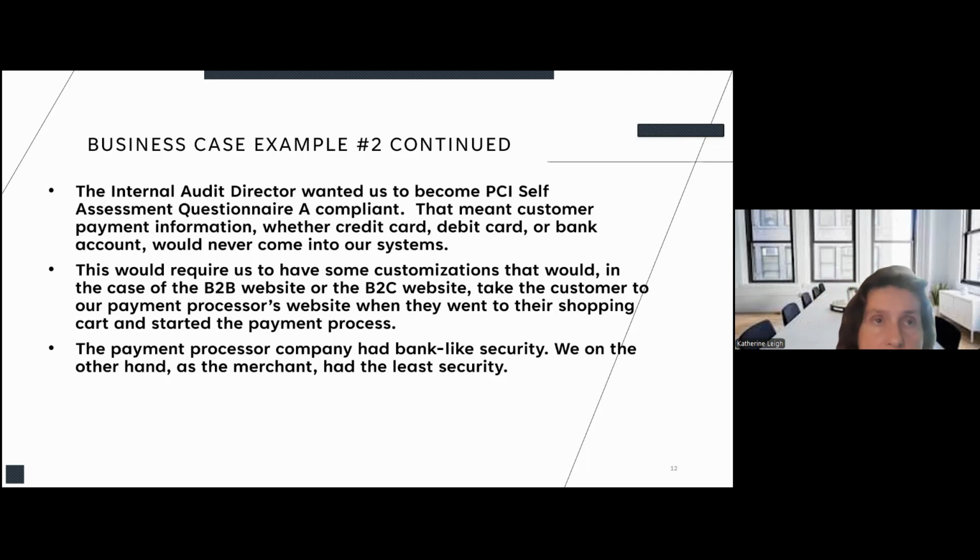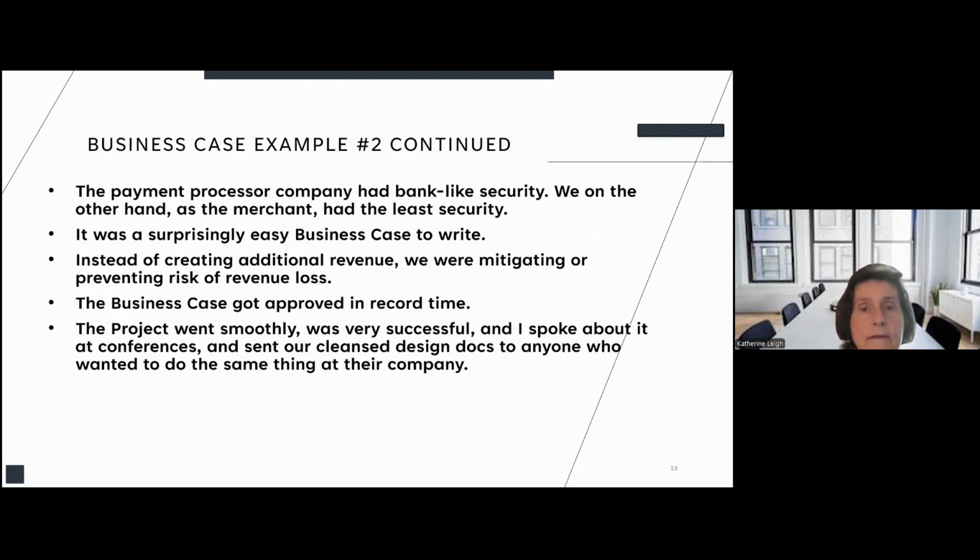So we had the most risk and the least security, and we were the most likely to get hacked. We wanted to take ourselves out of that.